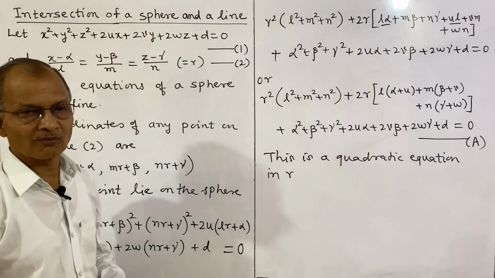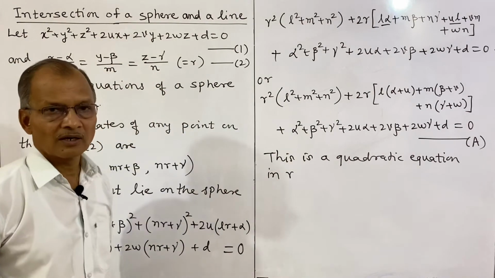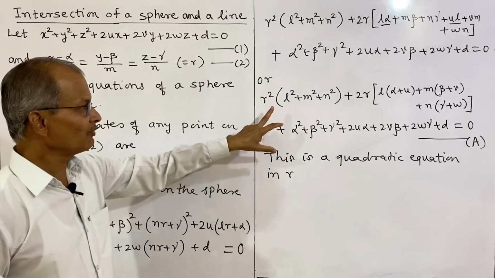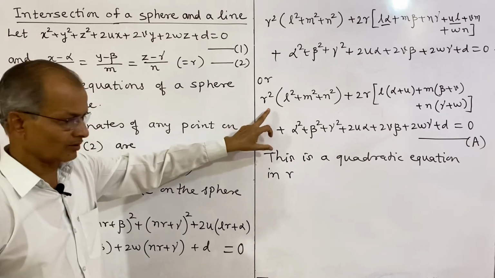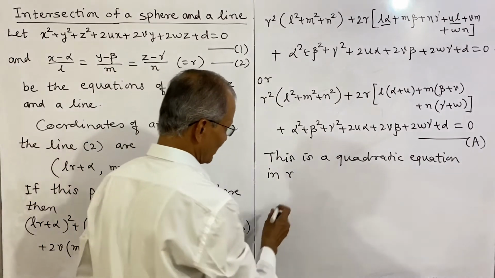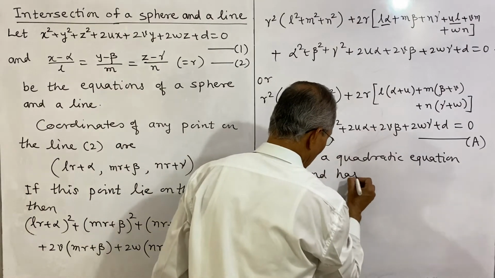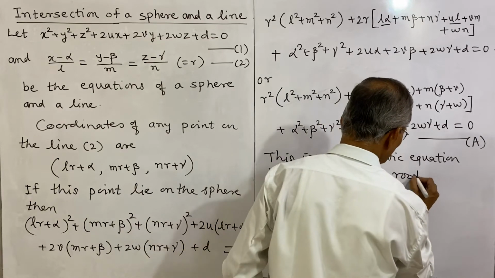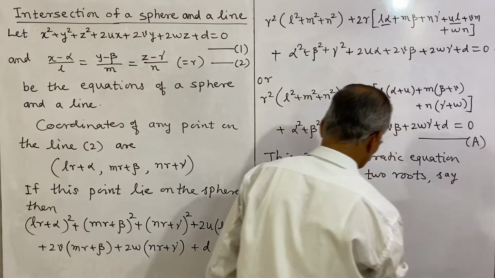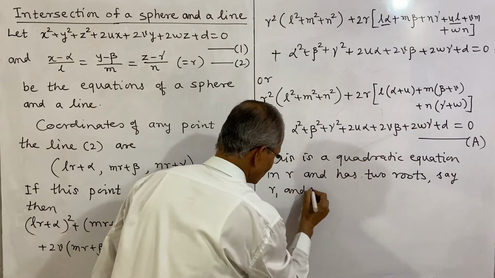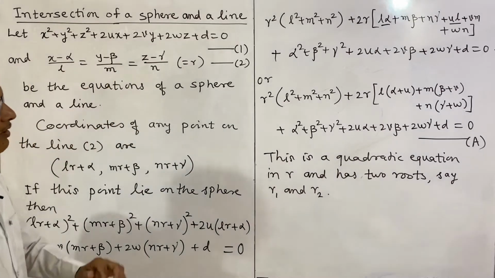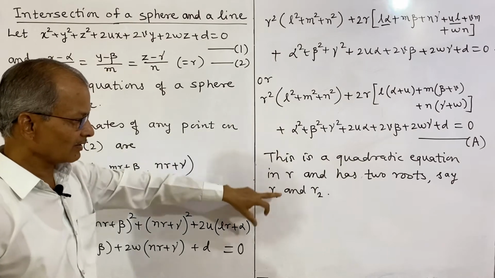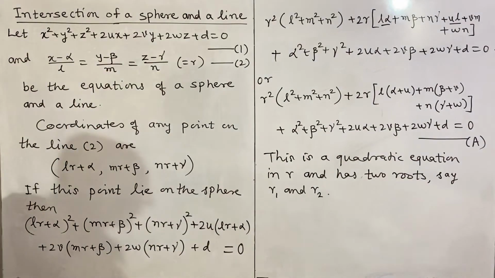For a quadratic equation the degree is 2, therefore it has 2 roots, and we denote the 2 values of R by R1 and R2. Thus we have expressed the point of intersection in this form, where this is quadratic in R and has 2 roots.